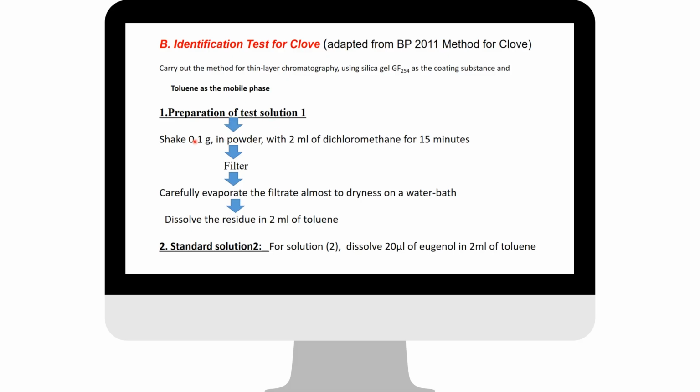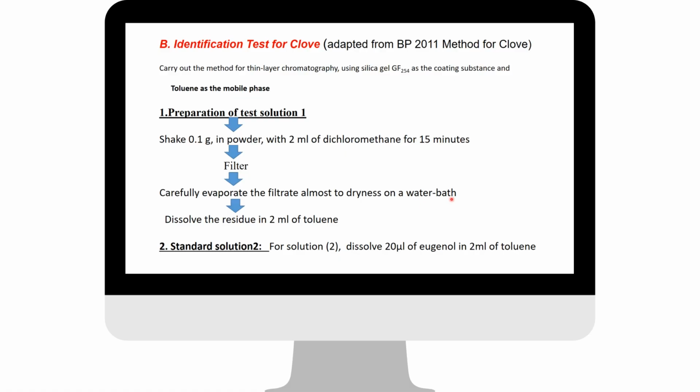Now see how we can prepare the test solution. First of all, we take the drug. Here we are going to use 0.1 gram of the powder drug material and mix with 2 ml of dichloromethane for 15 minutes and then shake, right? So this is the first step. After shaking, we need to do filtration. Once we filter, carefully evaporate the solvent to almost dryness on a water bath, right?